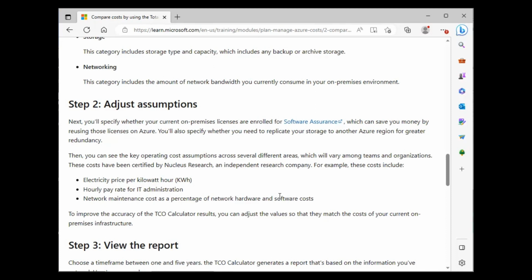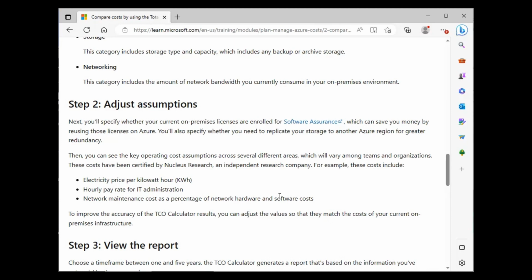Then you can see the key operating cost assumptions across several different areas, which will vary among teams and organizations. These costs have been certified by Nucleus Research, an independent research company.